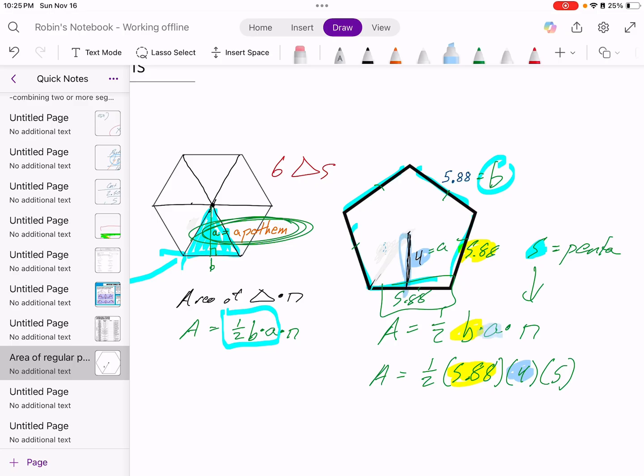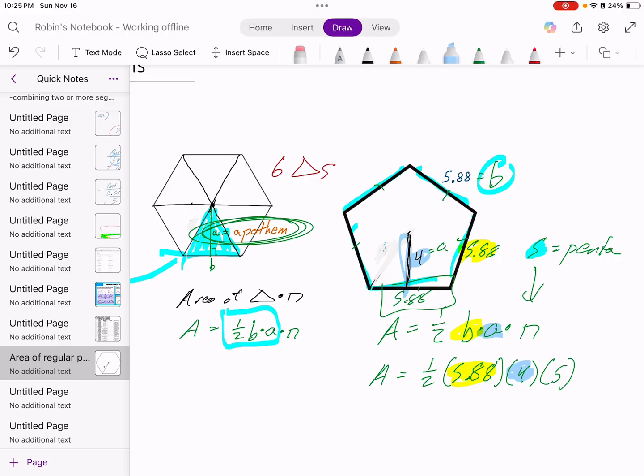Four is my apothem. And I'm just going to let my calculator do the work for me. So I'd have a 1/2 times 5.88 times that. If I did everything right, I should end up, look at me typing things into my calculator wrong.